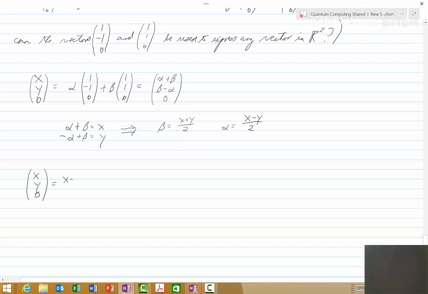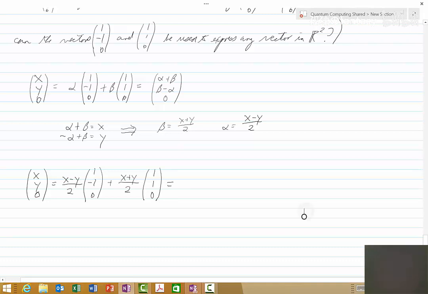It's equal to x minus y over 2 times 1, -1, 0 plus x plus y over 2 times 1, 1, 0. And I believe that you can see that does in fact work out.